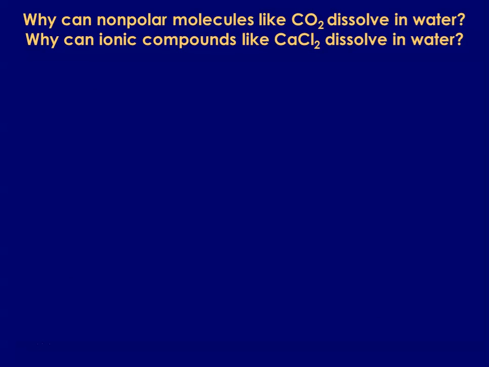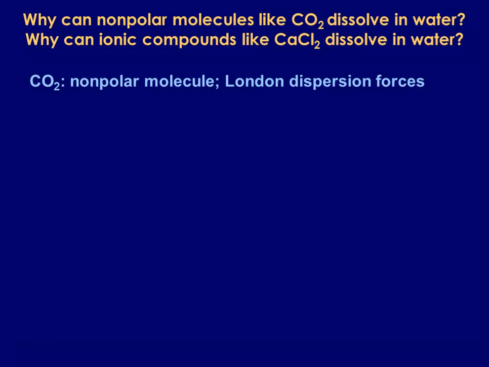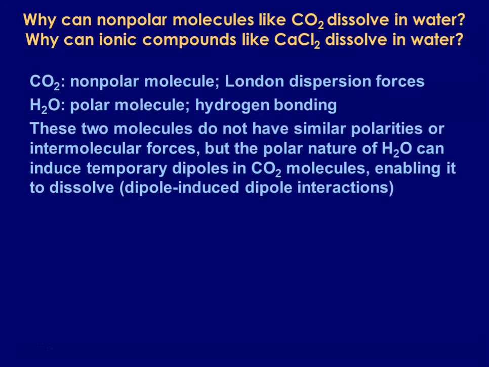And why can ionic compounds like calcium chloride dissolve in water? So carbon dioxide is able to dissolve in water even though it is very nonpolar because it has those London dispersion forces. It has the ability to form those instantaneous dipoles with its electrons as they are moving about the atom, moving around the nucleus in their orbitals. Water has the permanent dipole, it can hydrogen bond, and because it has that permanent dipole, it can cause temporary dipoles to form in those carbon and oxygen atoms making up CO2.